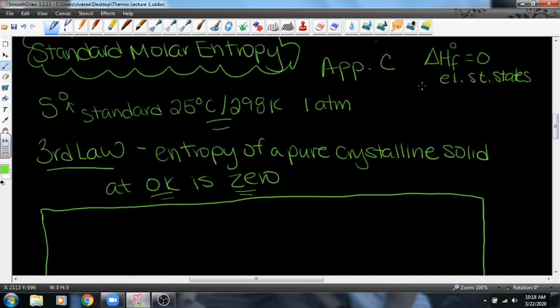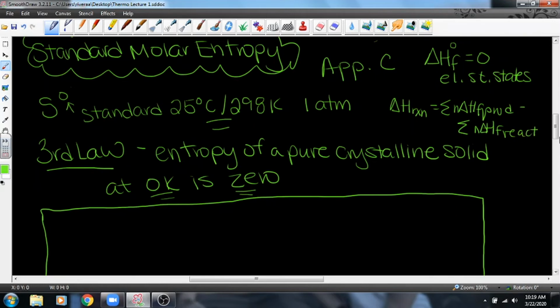So remember, just like delta H's, remember how we could get the delta H of a reaction by doing the sum of the heats of formation of the products minus the sum of the heats of formation of the reactants.